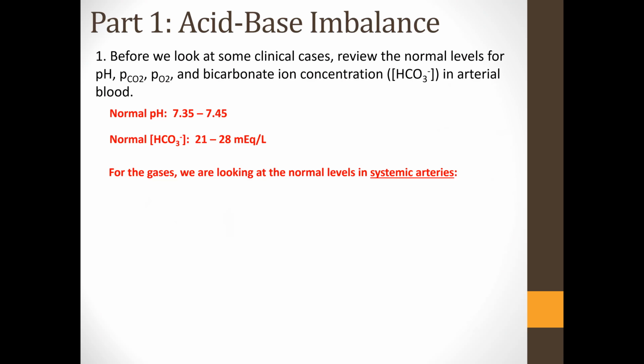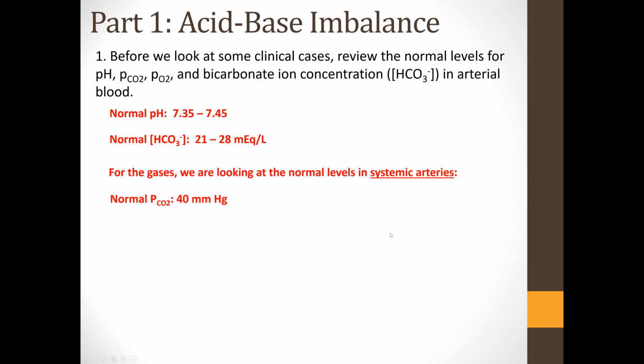And then for the gases, note that the question is asking for the normal levels in systemic arteries. So you may want to go back to Chapter 23 to review how oxygen and carbon dioxide levels change in the arteries versus the veins, so whether the blood is deoxygenated or oxygenated. If we're looking at carbon dioxide levels in systemic arteries, this would be in oxygenated blood, and the normal carbon dioxide level should be around 40 millimeters mercury.